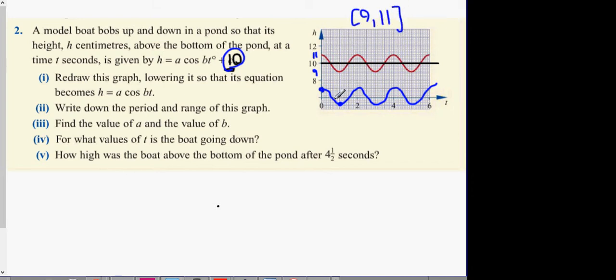The range of this one is going to be... Oh, sorry guys, I've got to redo this. It's going to be 1 to minus 1. So the range of this one will be minus 1 to 1. Now, its period is what, guys? What can we say about the period? It repeats itself every 2 seconds.